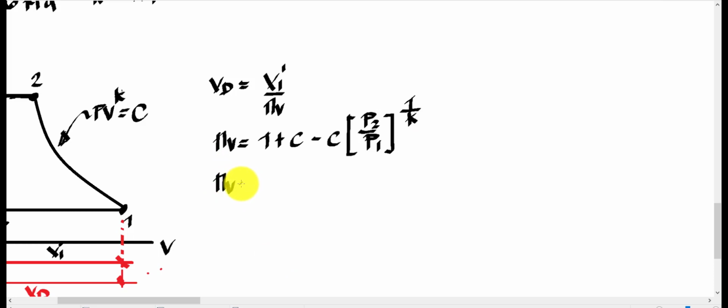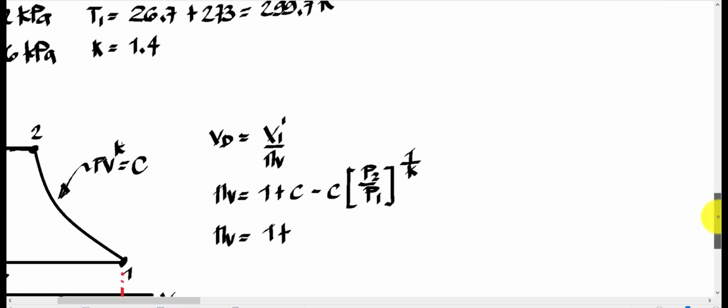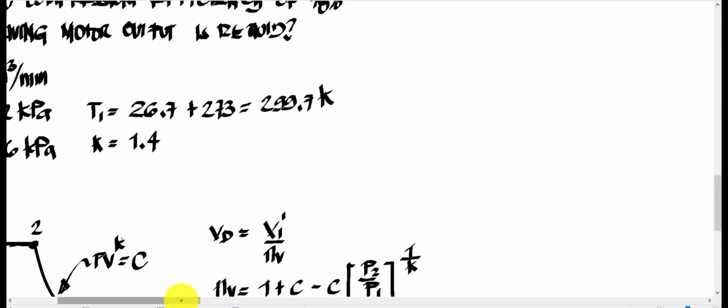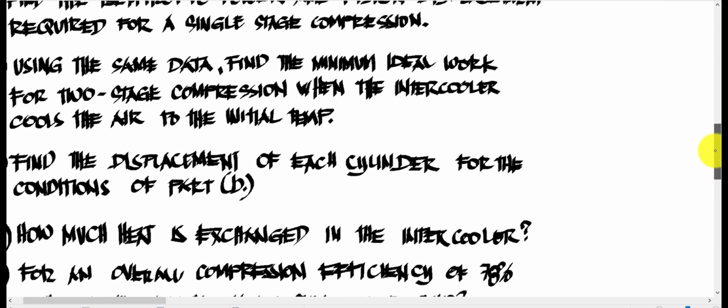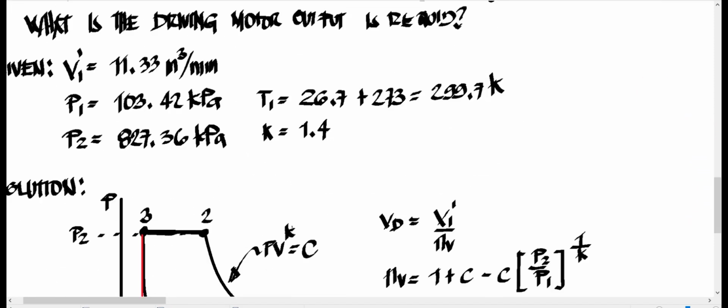So volumetric efficiency now is 1 plus, given in the problem. Oh, sorry, we forgot to write here, we have the clearance factor, which will be 8%.